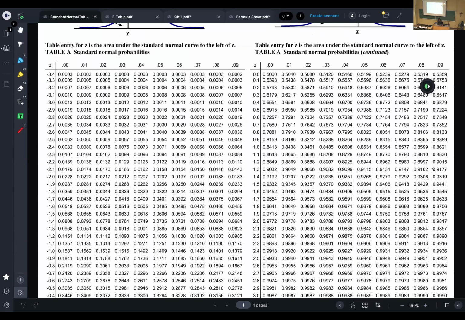So negative 2.8 right here, and then we go to the column 7. I'm going to ignore the 1. The table doesn't go to 3 decimal places, but that's okay. This is a really good approximation. I get 0.0021.